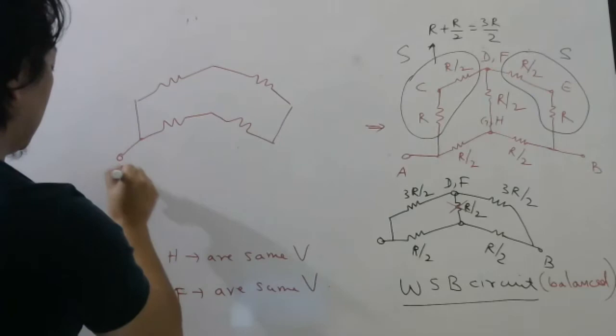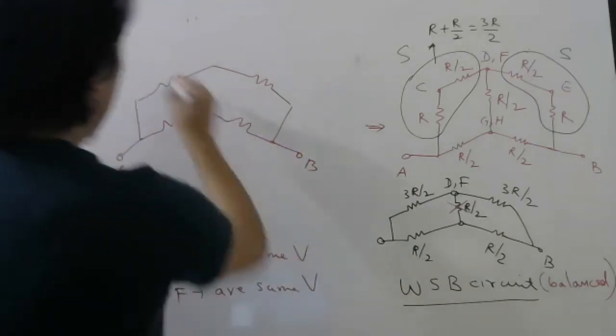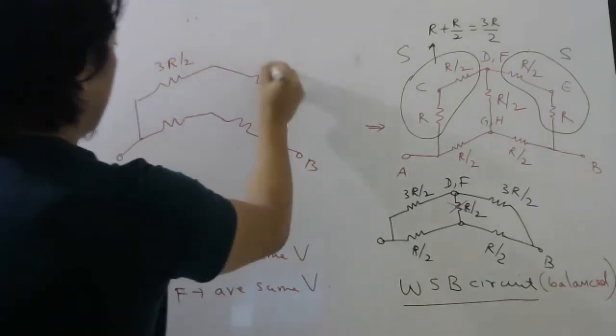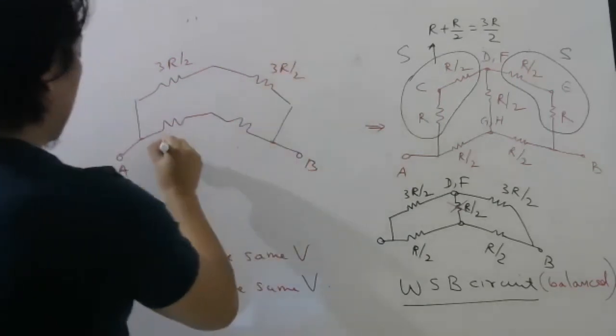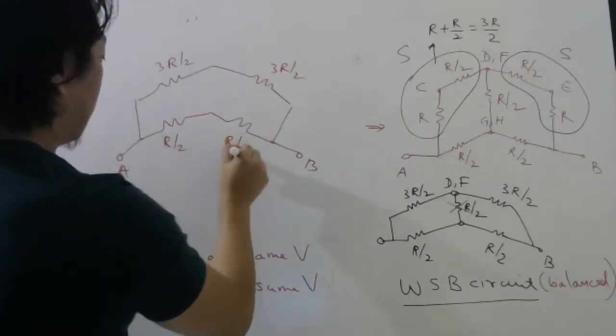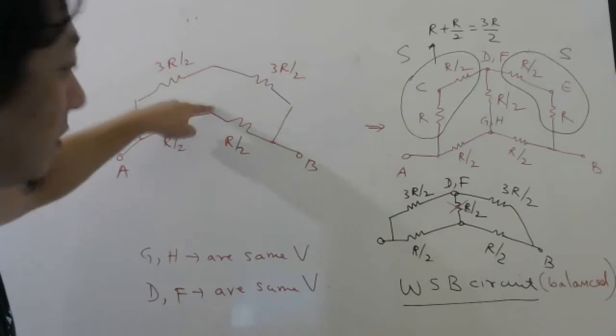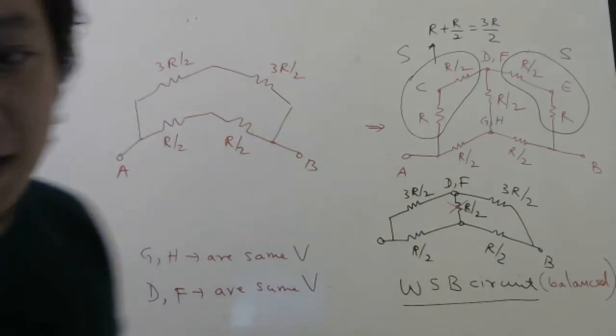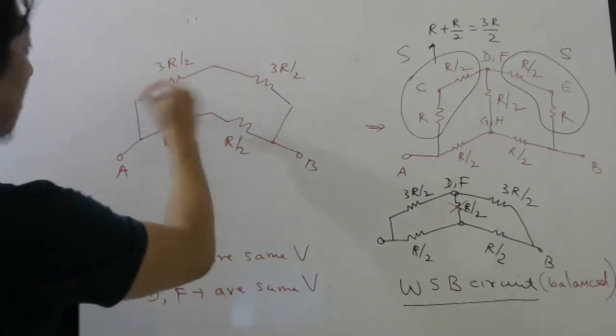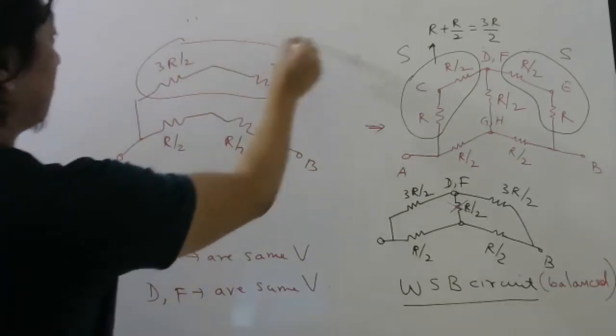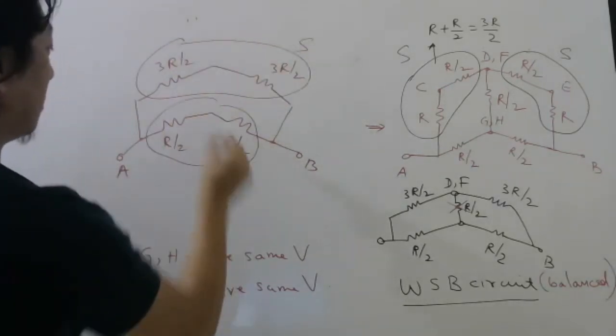This is your A, this is your B. So 3R by 2, 3R by 2, R by 2, R by 2. So this part can be removed because it is balanced. Now this upper one, these two are in series. These two are also in series.